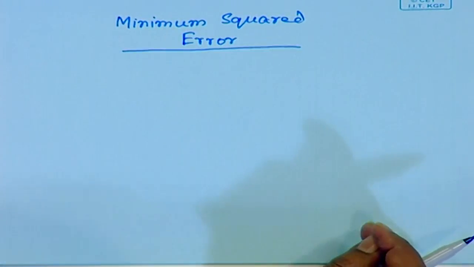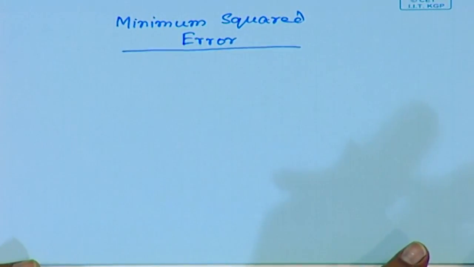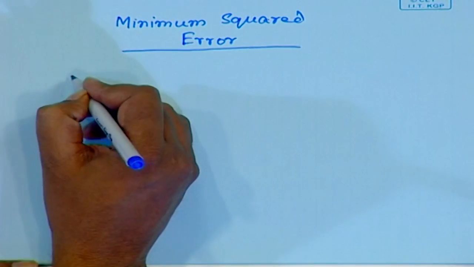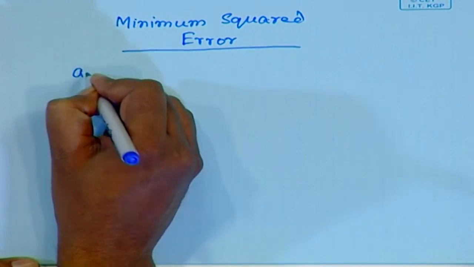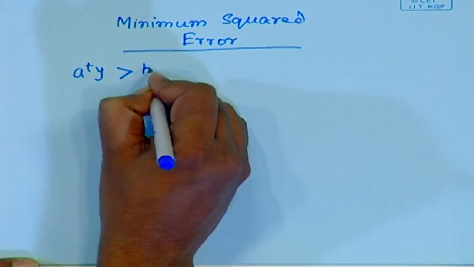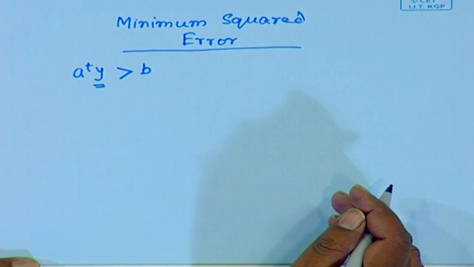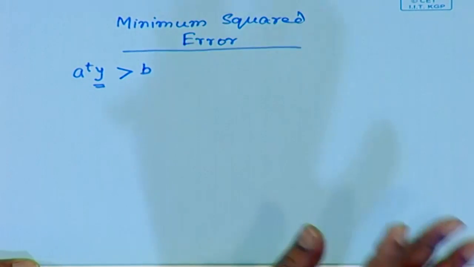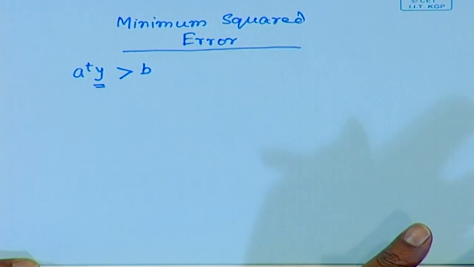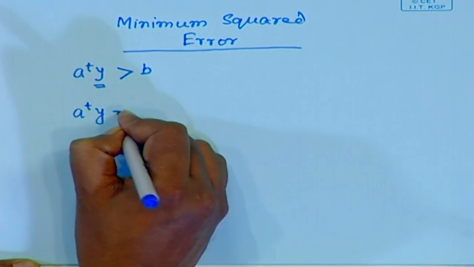So, how should I go about this? You find that so far my decision rule was that if A transpose Y is greater than B, I assume Y is properly classified, right. So, what is my decision surface? Decision surface is A transpose Y is equal to B.